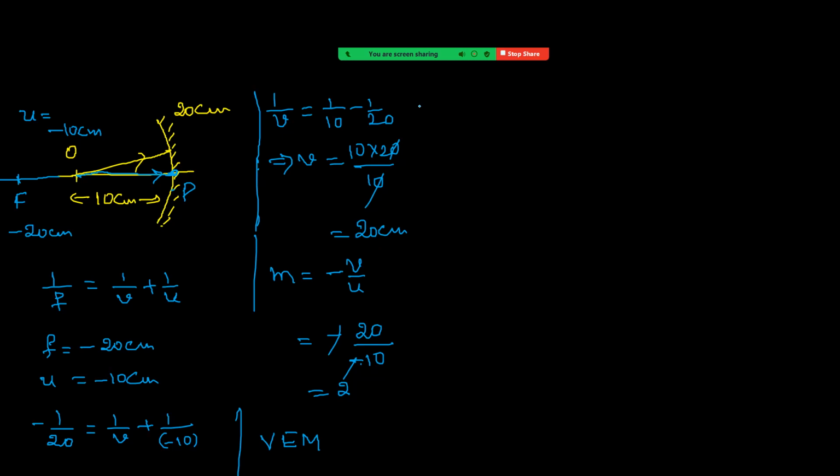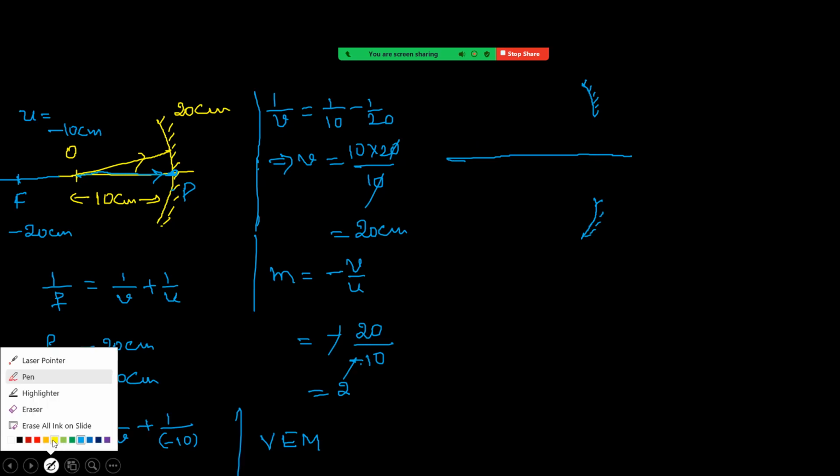Now coming to our problem. This mirror is cut into two parts. Okay. See the diagram for that. This is the original principal axis. This is one part. And this is now the second part of the mirror. Now you can see, for those, the principal axis.